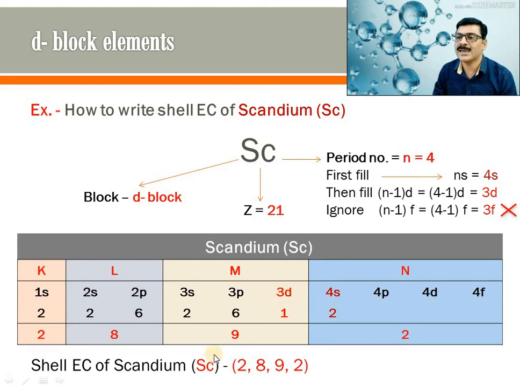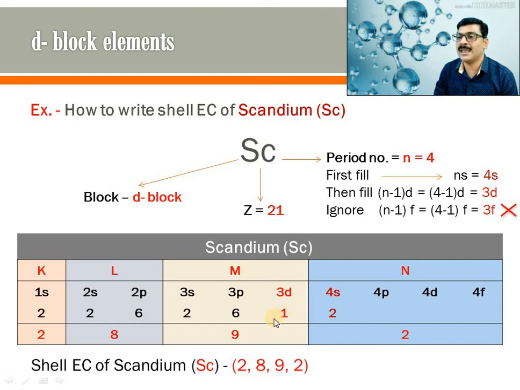So here total electron is 2 plus 2 is 4, plus 6 is 10, plus 2 is 12, plus 6 is 18. Then 4s contains 2, means 20, and 1 electron is remaining, that is present in 3d orbital. Means first you fill up the 4s orbital and the remaining electrons enter the d orbital, 3d orbital.